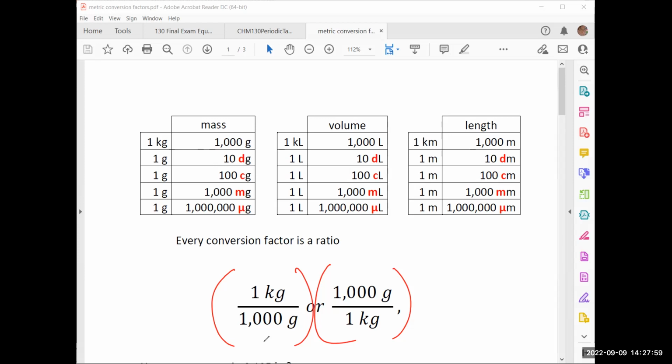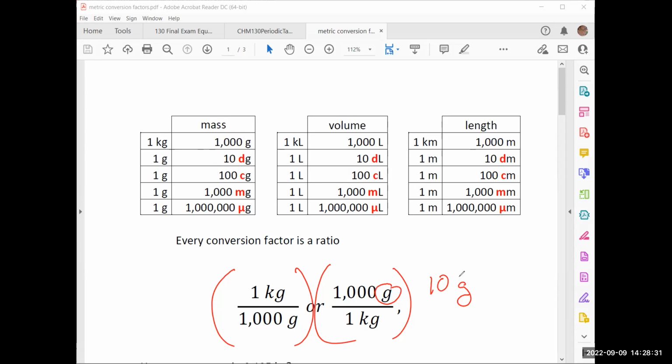Second of all, when you start setting up your problems, once you get your answer, look at the answer and think about what you did to it mathematically, unit wise and value wise. Was it set up properly? Because let's say, for example, I'm using the factor on the right and I multiply by 10 grams. Well, check out my units here.